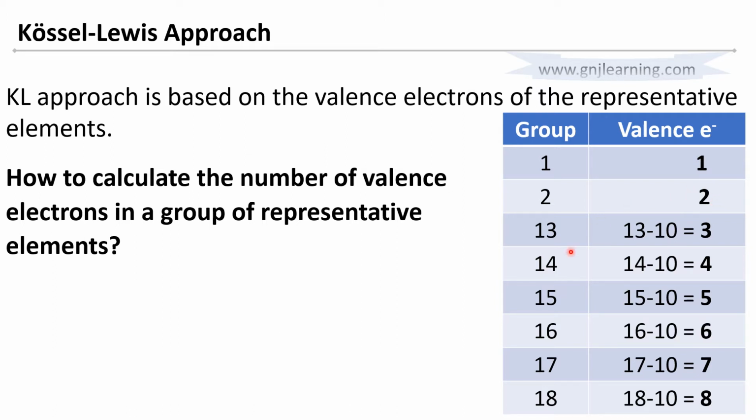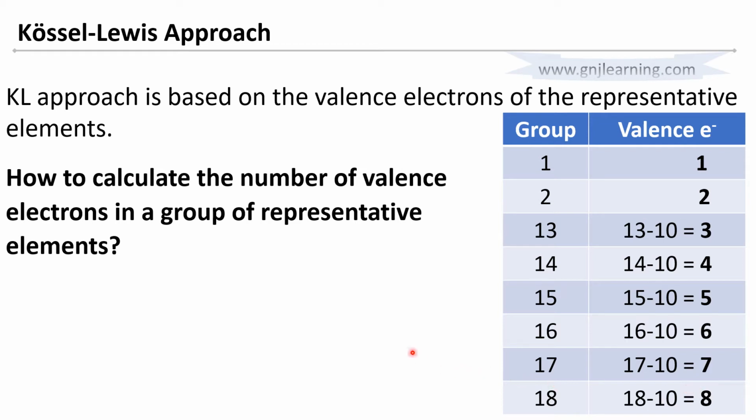For P block, what you have to do is take the group number and subtract 10 from it. So 13 minus 10, which means that group 13, or boron family, has 3 electrons. Group 14, that is carbon family, 14 minus 10 has 4 electrons. Similarly, we have 15 with 5 electrons, 16 with 6 electrons, 17 with 7 electrons, and for noble gases we have 8 electrons.